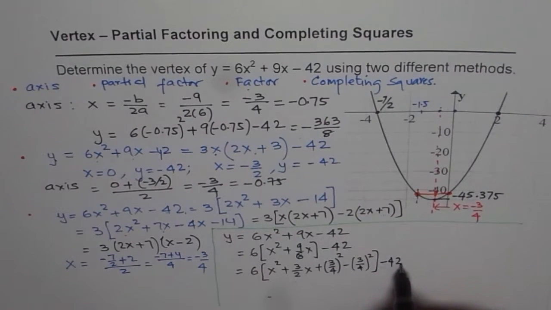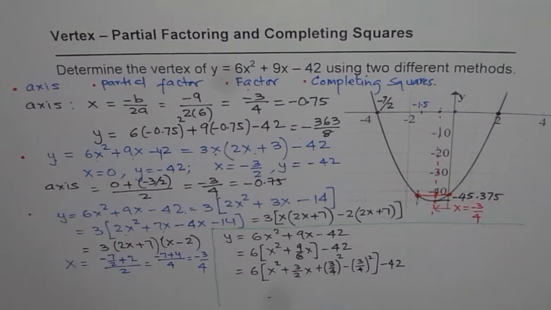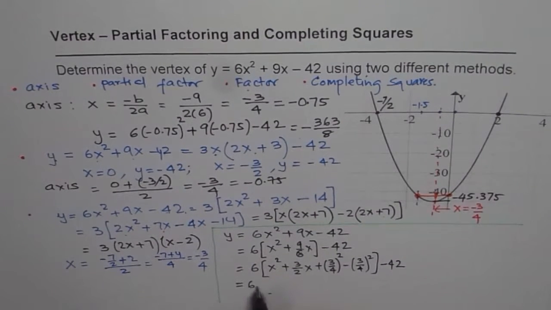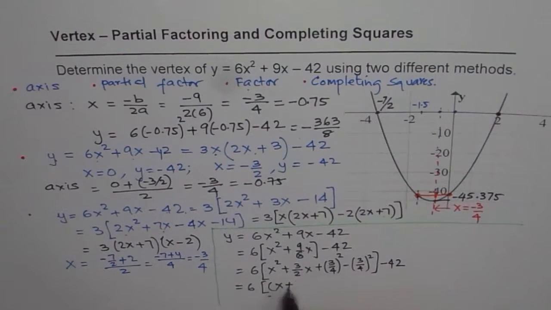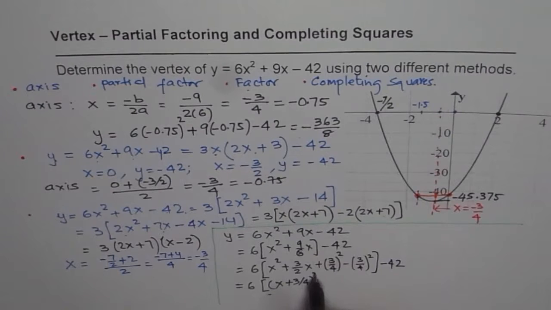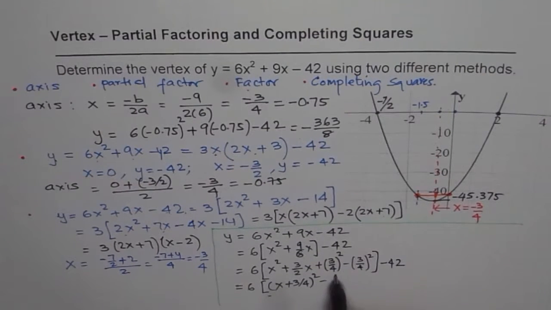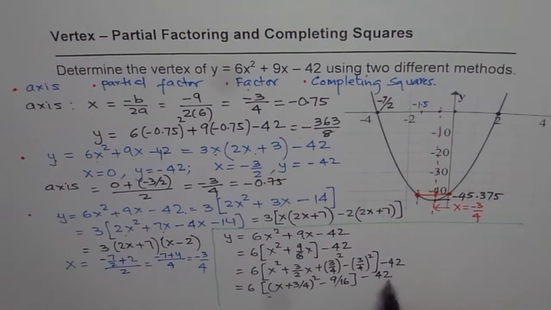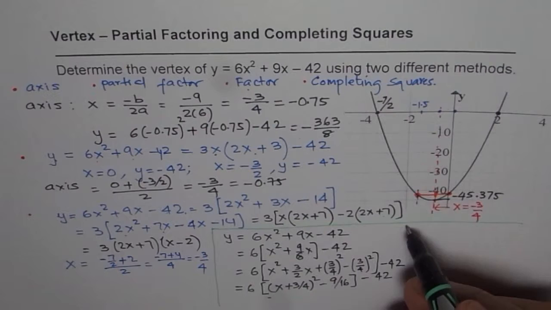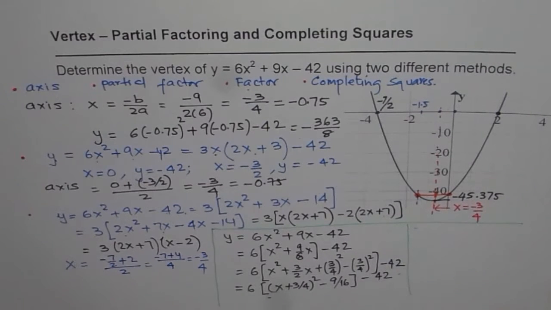Minus 42, correct? So that gives us one factor which is a perfect square. And this factor is x plus, we take from here 3 over 4, whole square. And we can now open this bracket. 3 squared is 9 and 4 squared is 16, minus 42, correct? Let me now solve further on this side.